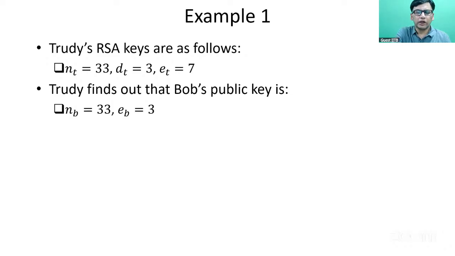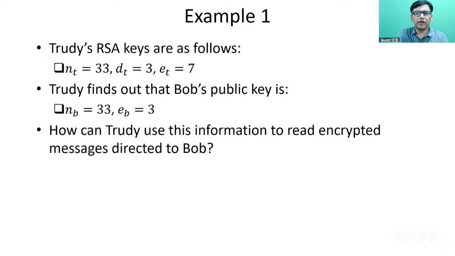So in this case, the question is, can Trudy use this information to read encrypted messages that are directed to Bob? So how can Trudy use this information? Recall that we discussed earlier that encryption and decryption in RSA can be applied in either order, and still the algorithm works correctly.